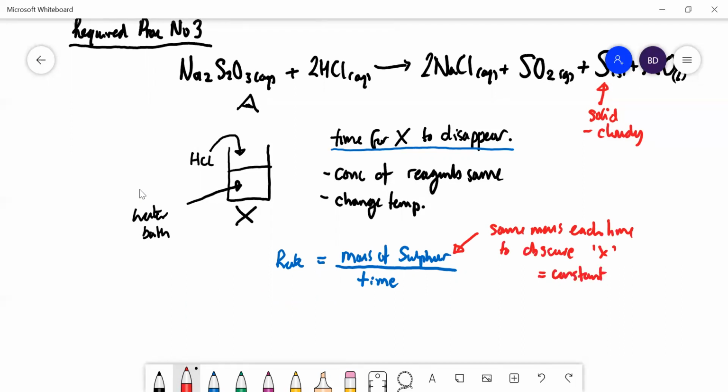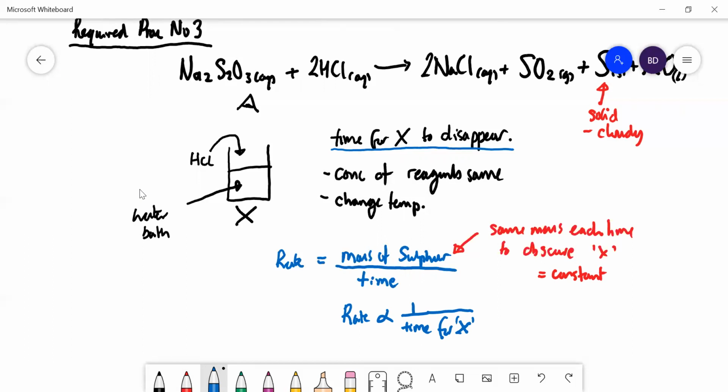So we get from that that rate is proportional to 1 over the time taken. That's how we're going to work out the rate of reaction.